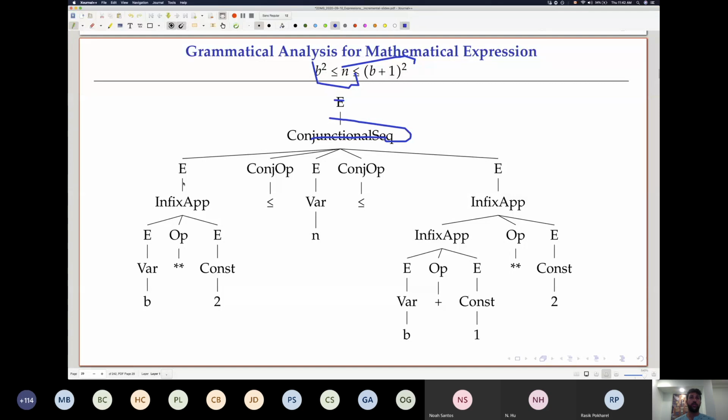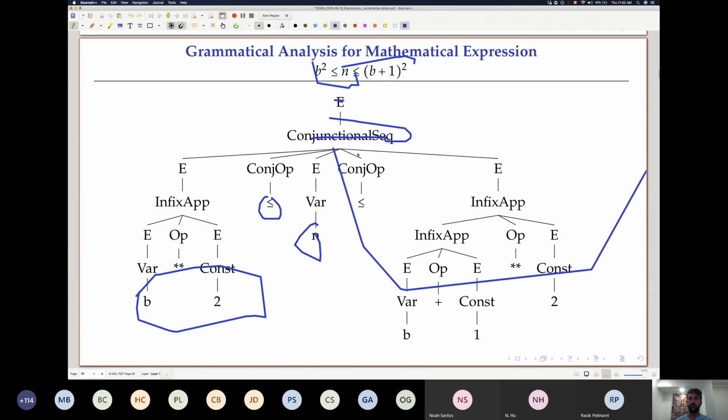It's made of two pieces. The first piece is this infix operation, b squared at most n, okay? And then the second conjunct is the other inclusion, right? Okay. So this is what it means to say it's conjunctional.